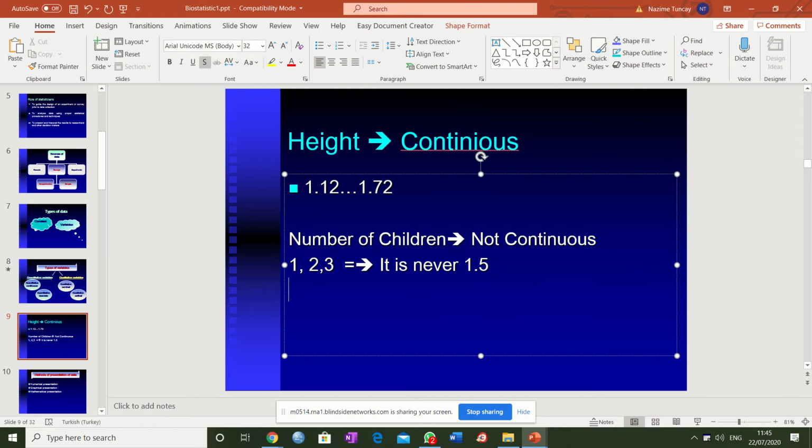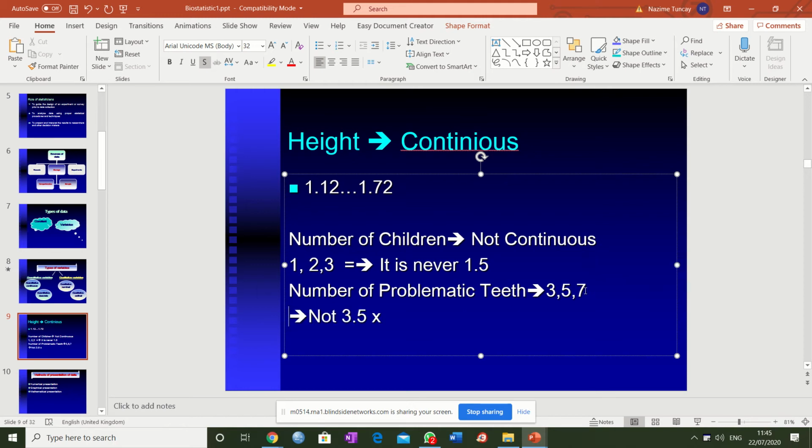So for example, number of problematic teeth. When you are saying it, you say maybe 2, 3, 4, 7. But you don't say 3.5. She has 3.5 problematic teeth, it's not true saying that.